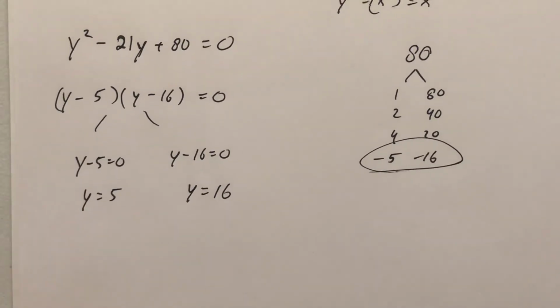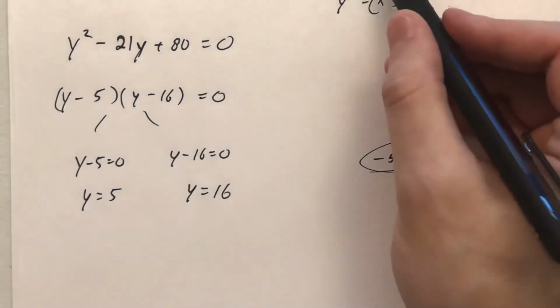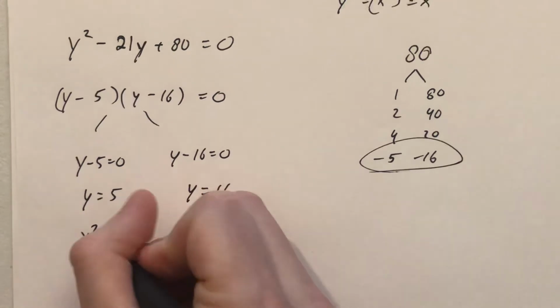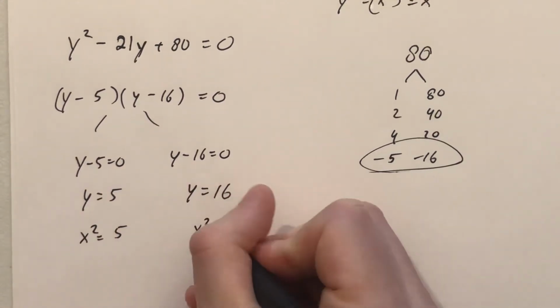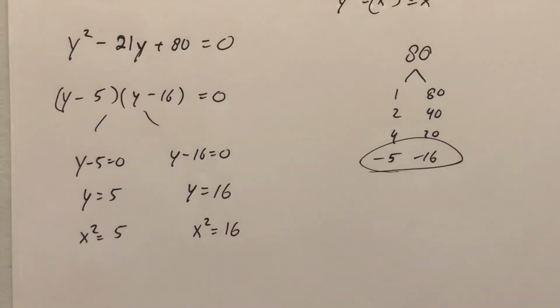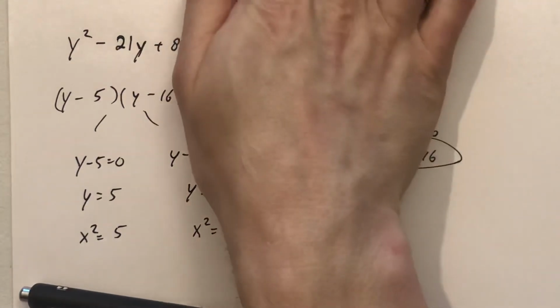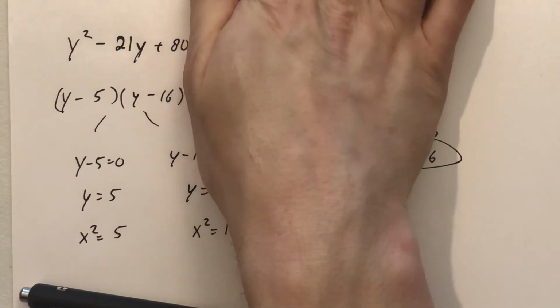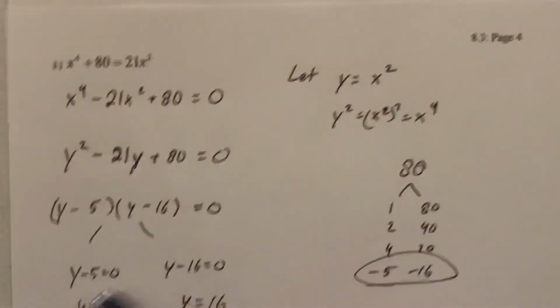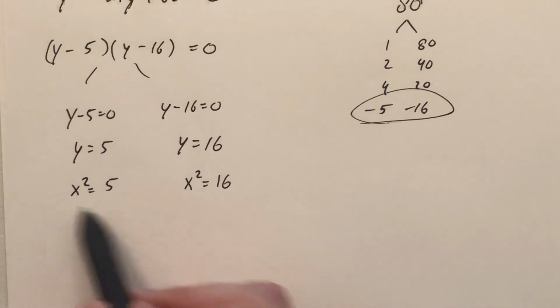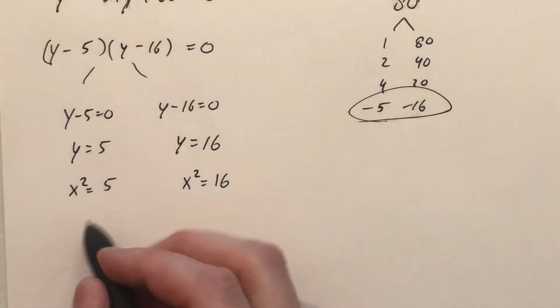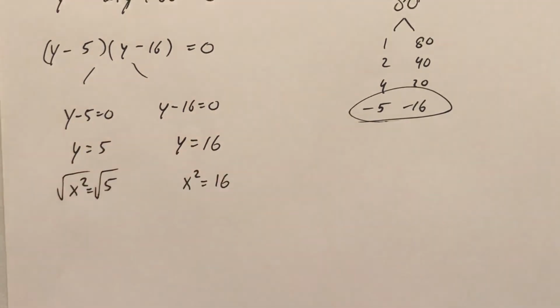Now here's a small twist that we actually wouldn't have seen up until now in this chapter. When we bring the x squared back in here, x squared equals 5 and x squared equals 16. Notice we can now solve this. We basically would not have had an equation back in chapter 5. We would have just been doing a factoring process from the beginning. Solving an equation can result with these kind of answers where now I can say square root property, right?